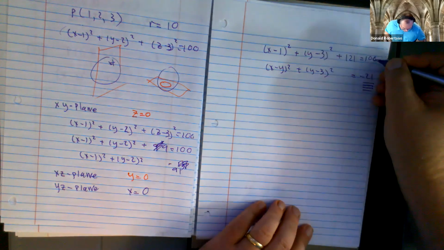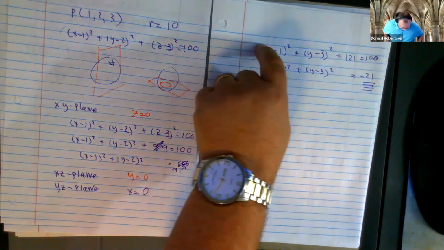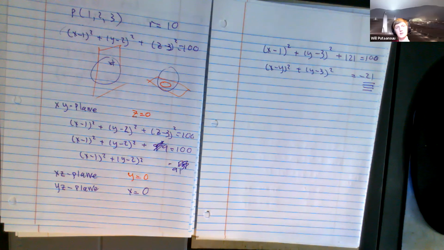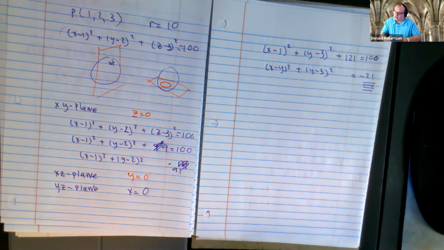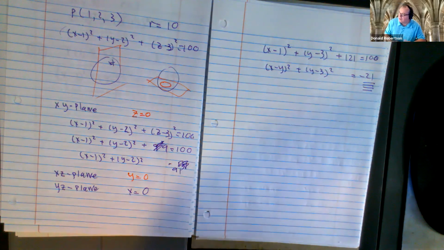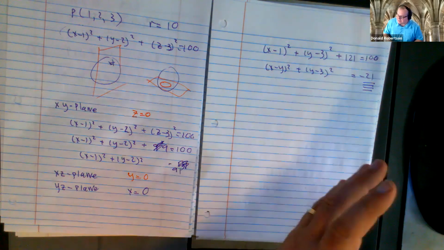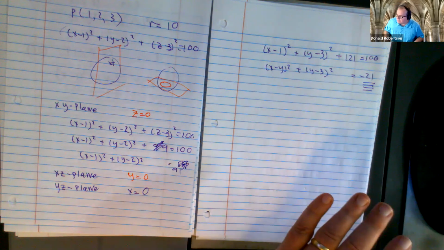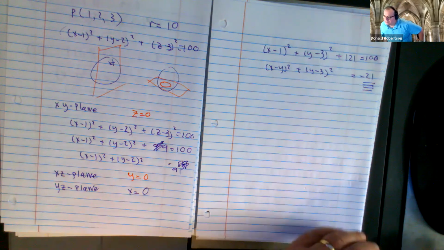What is that telling me about the original sphere? That it doesn't intersect with the plane? Yeah. Can you imagine the sphere is so small it might not get to any of the planes, or it might not get to one of them? It might not make it to the XY plane, and that's okay, that can happen.